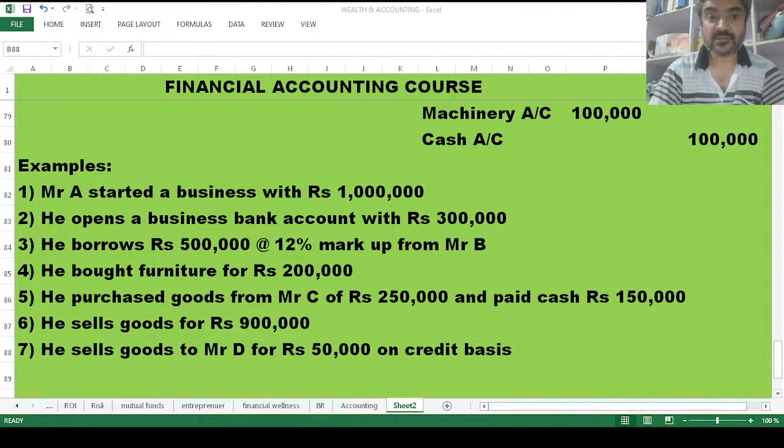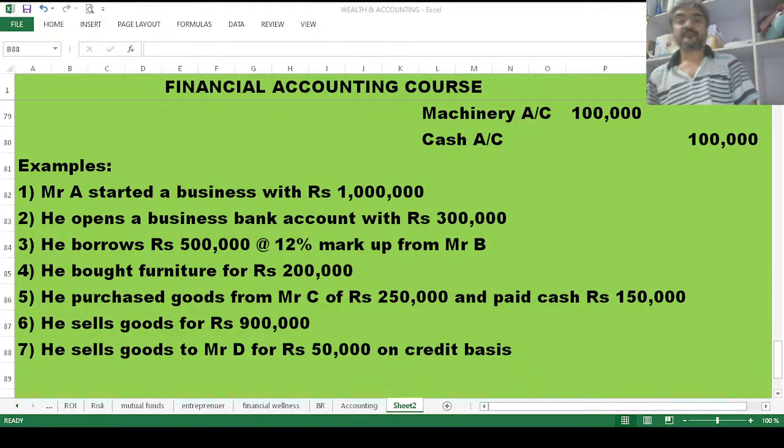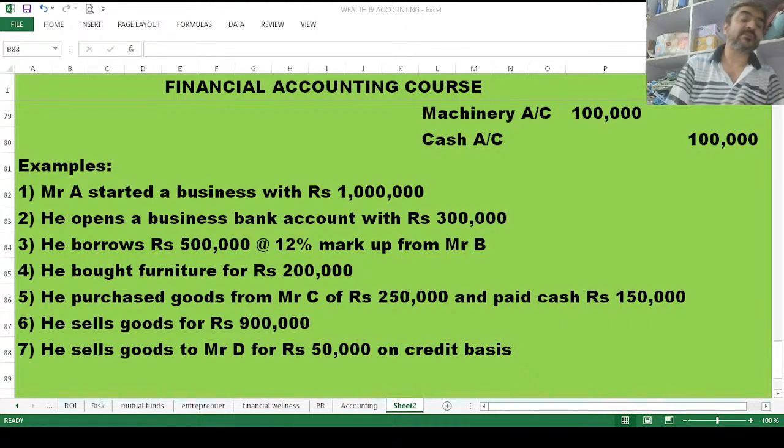The two changes are increase in debtor, that is Mr. D, I suppose, yes. As the company has sold the goods to a person and the person promises to pay in some future date, so we technically call it in accounting language a debtor, and debtor is an asset.